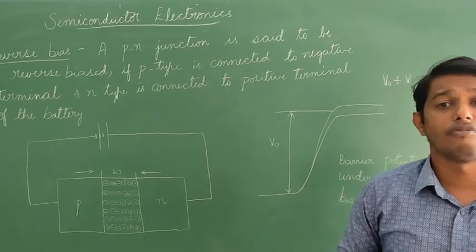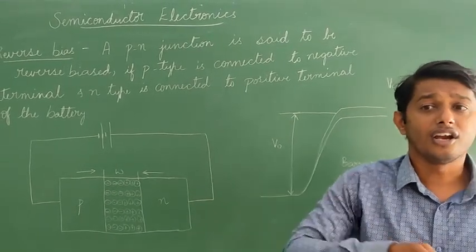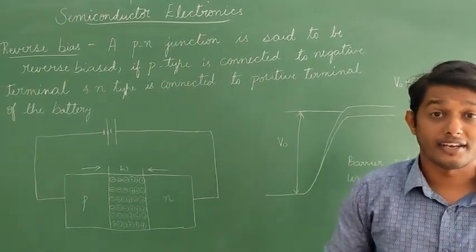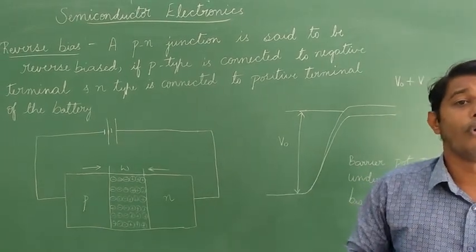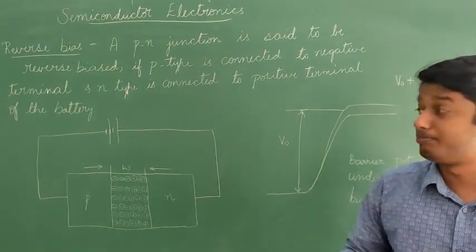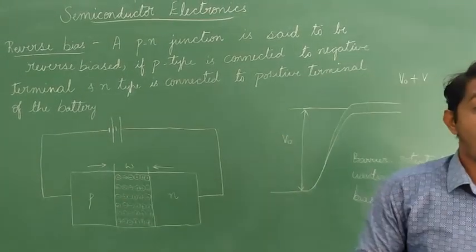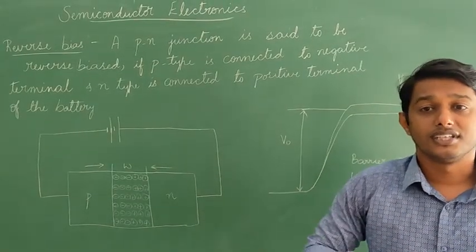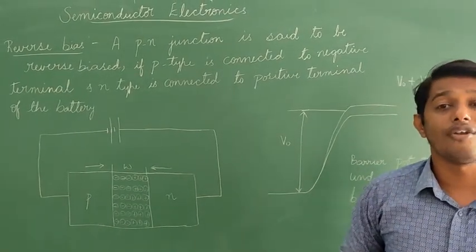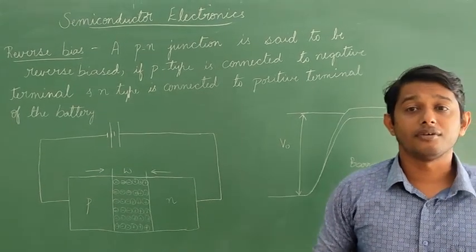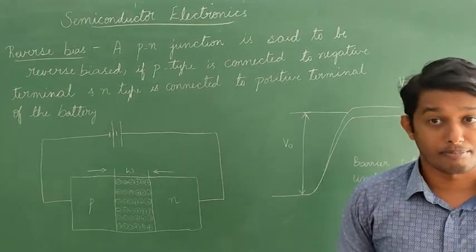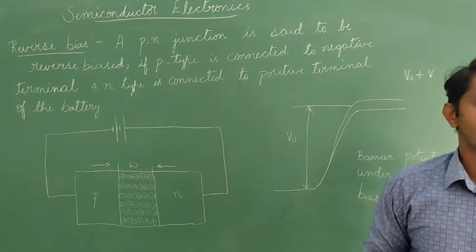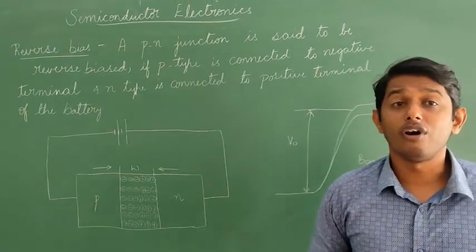This suppresses the flow of electrons from N to P and holes from P to N. So the diffusion current decreases enormously compared to the diode under forward bias.